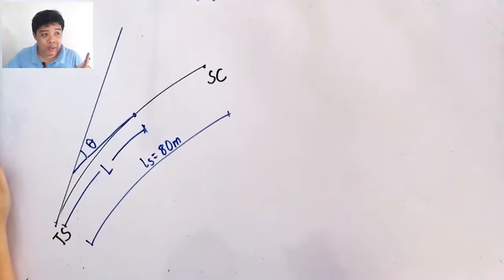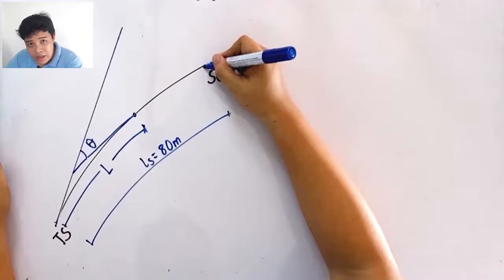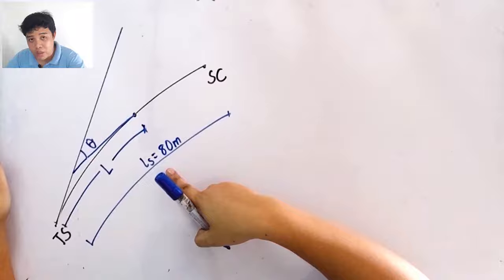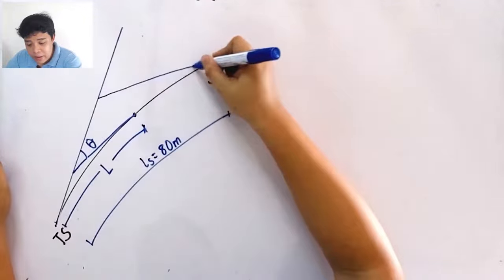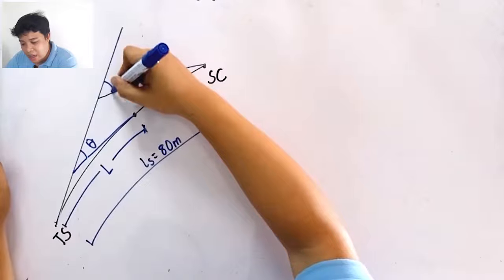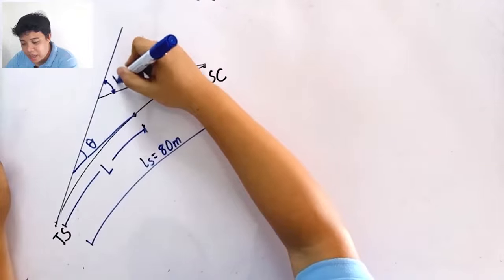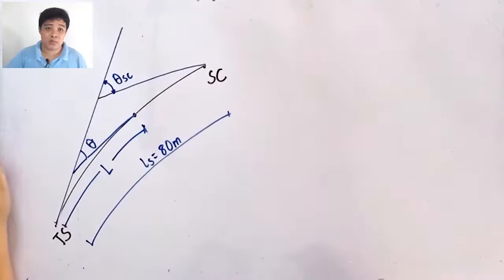So the first question is the spiral angle at SC. It only means that you're going to put your point at SC and that L should be equal to 80 meters, and you're going to draw a tangent to SC. This angle is the spiral angle at SC. Let me call it theta sub SC.